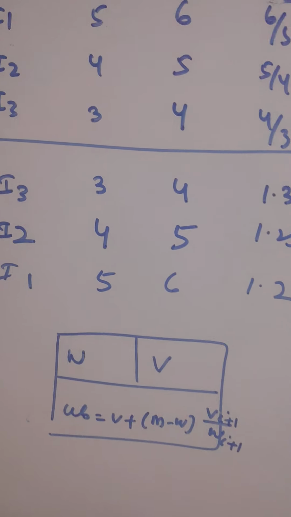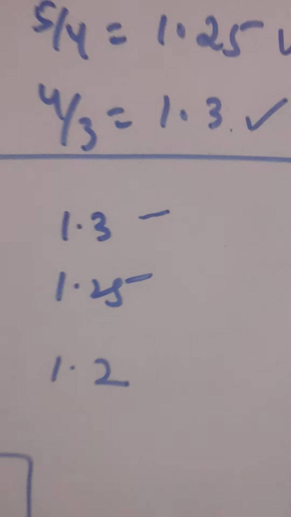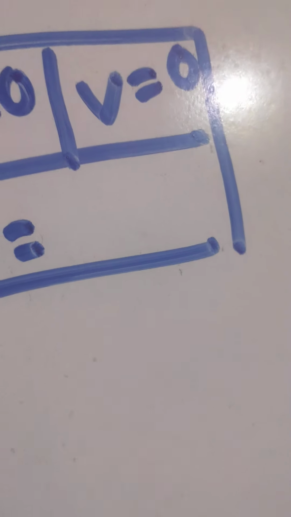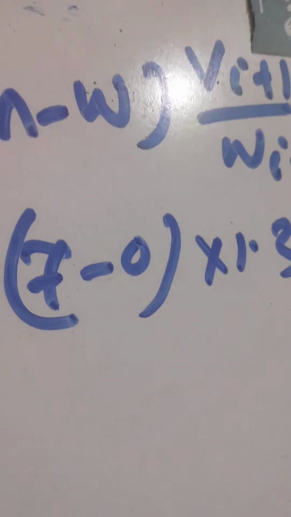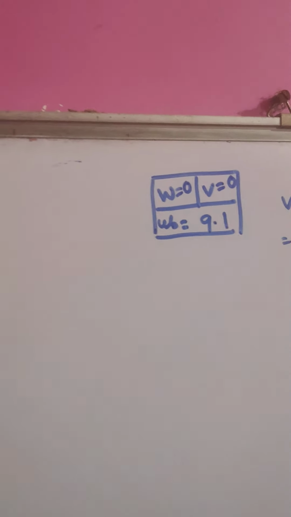So V1 by W1: look at here, after the order has been changed in step 2, V1 by W1 is 1.3, the first item. So 1.3 into 7 is 9.1. So upper bound is 9.1. This is the root node. Then I have to go for inclusions and exclusions, that is in and out.